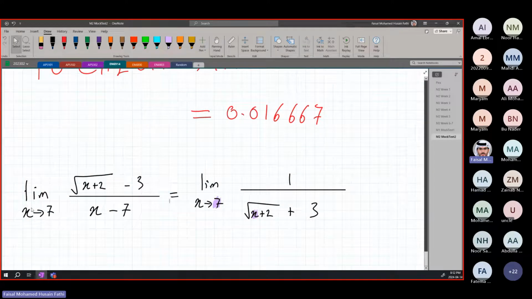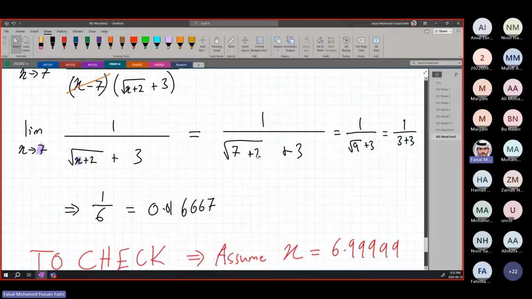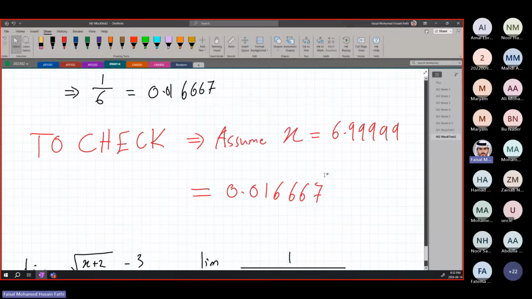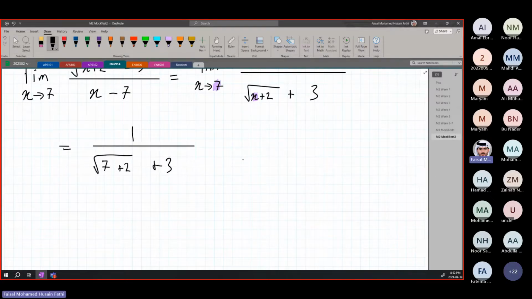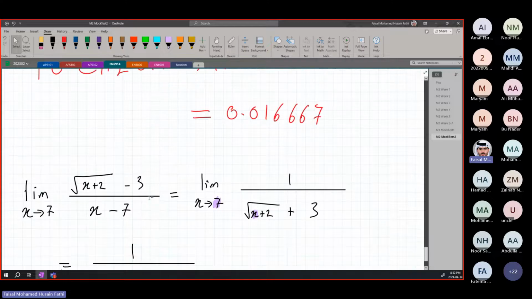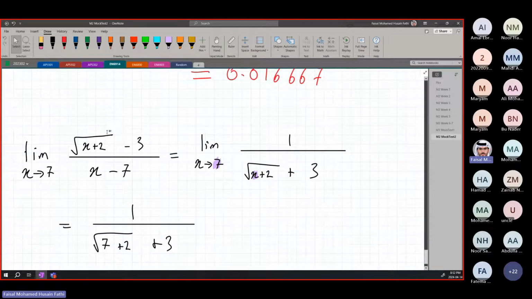Then you show that this limit is the same as this limit. And then, once you substitute the 7 in, you're going to be writing your solution. So after that, you could just write equal to this, and then there's no more limit. Okay, this is the appropriate way of writing with limit and without limit.